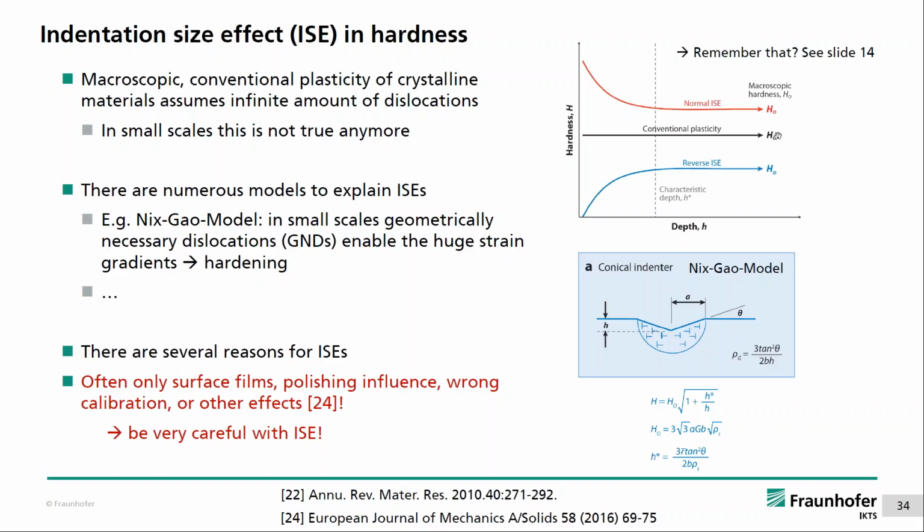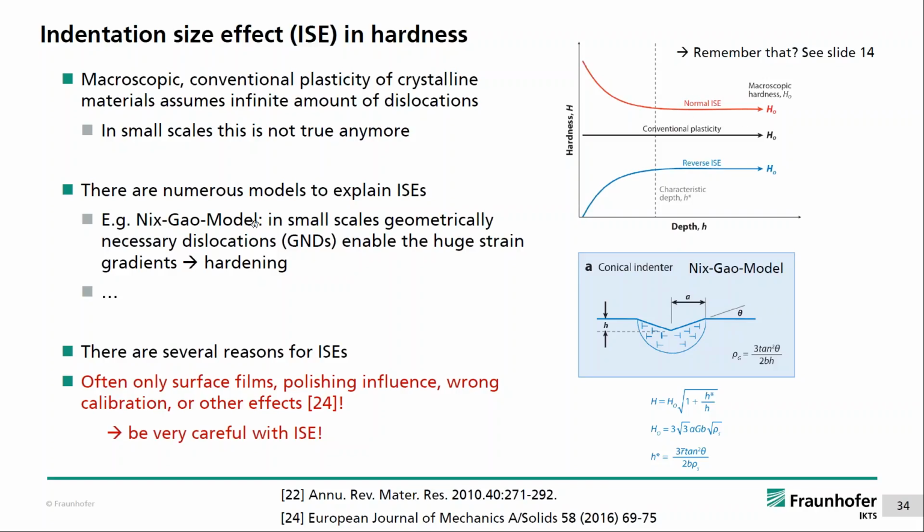So what is called a size effect or indentation size effect is everything that deviates from conventional plasticity, which would assume that no matter how big the experiment is, the hardness is always the same. Normally what you see is an increase in hardness. So this is the macroscopic hardness, and if you go to small scale, you get an increase in hardness. There's also a reverse indentation size effect, but this is not very common. Normally you see this increase here.